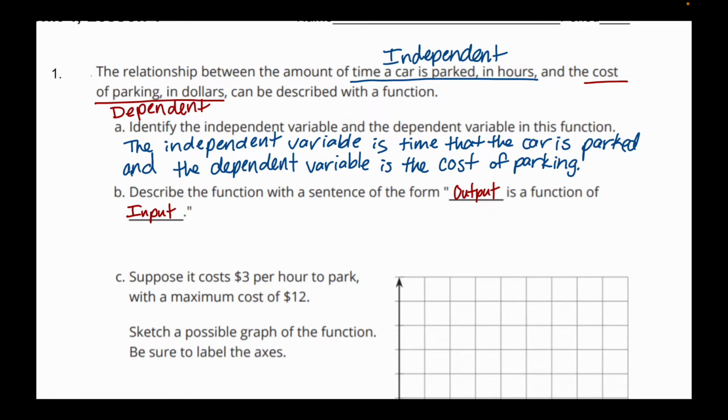So if I was to write this sentence, I would say the cost of parking is a function of, and then my input, which is the time that the car is parked.